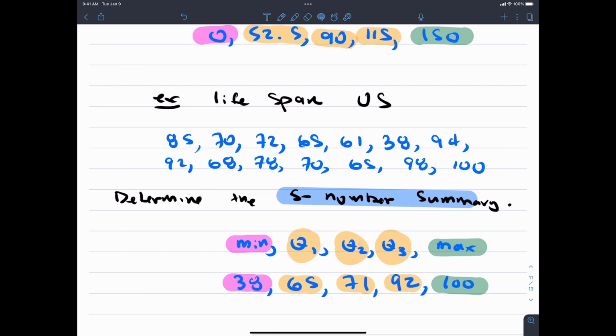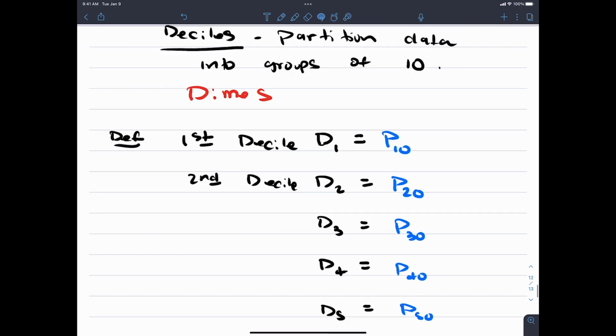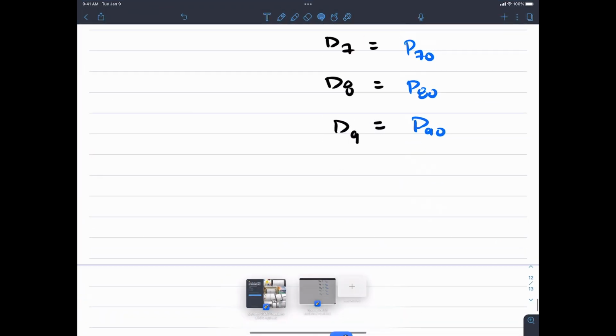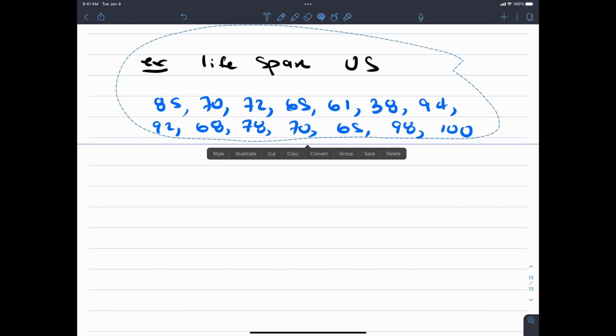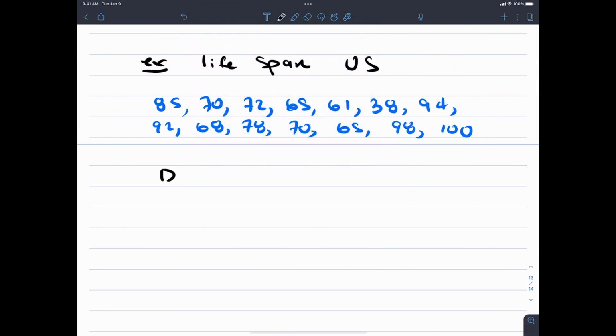Now, let's go back to the lifespan data. Let's check to see if you guys can do this. Okay, I'm going to say to you guys, determine for the lifespan data. Why don't you determine D2?